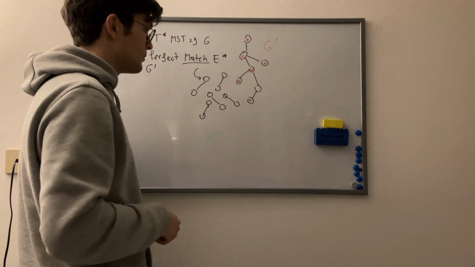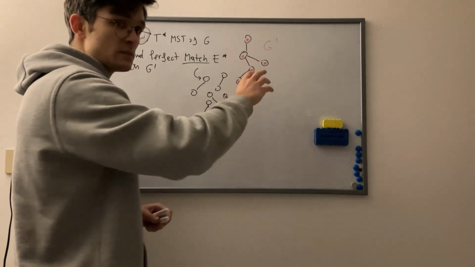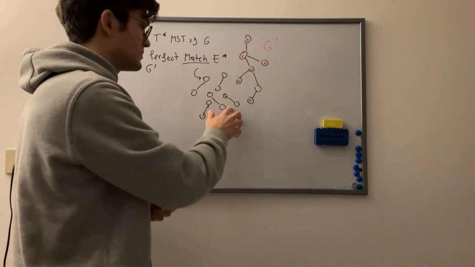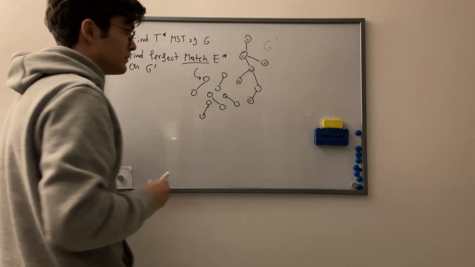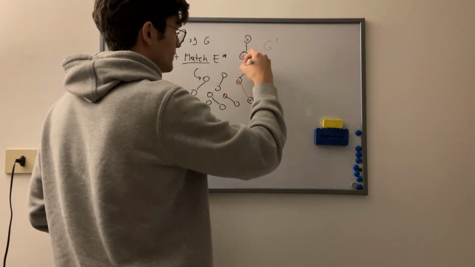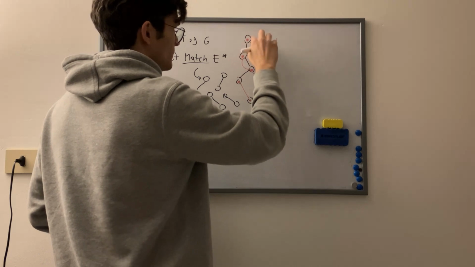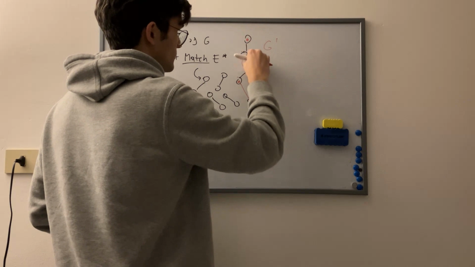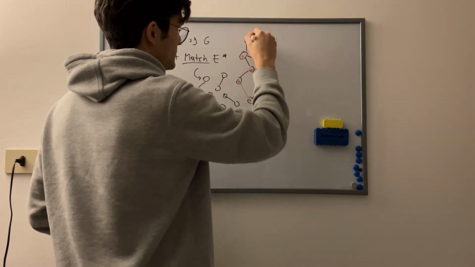Okay, so remember, here I've drawn the spanning tree, but our graph is complete, so we will for sure have those edges. In this case, for example, it might be something like this. Sorry, no, this is not possible. So it's something like this.